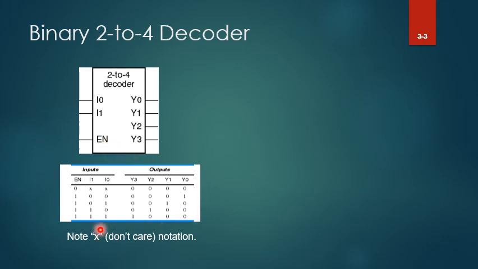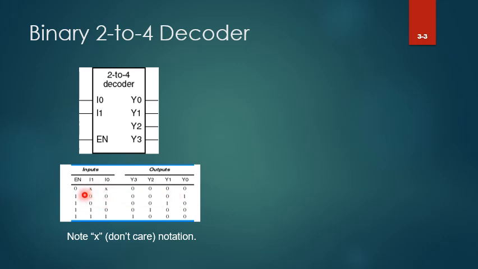So this function table shows the output of the decoder based on the binary number received at the input side. When the enable is activated, or when the decoder is enabled, the output generated corresponds to the binary number.